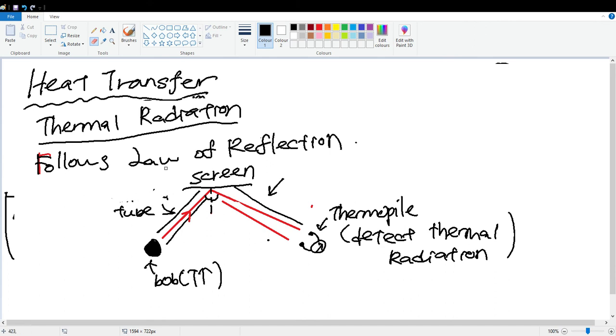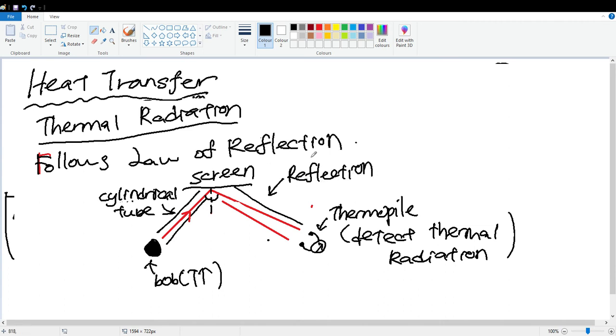So the cylindrical tube for the angle of incidence can be varied, but the cylindrical tube for the angle of reflection remains constant.